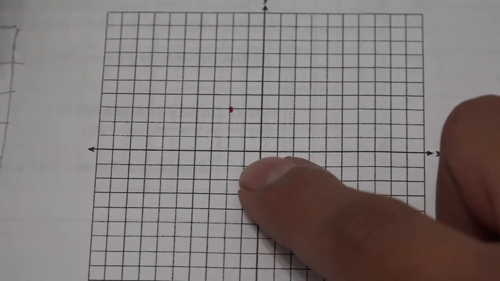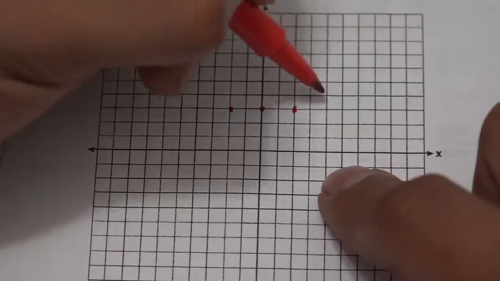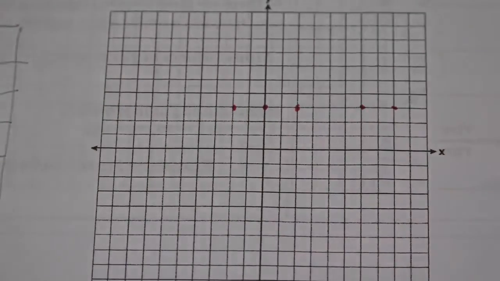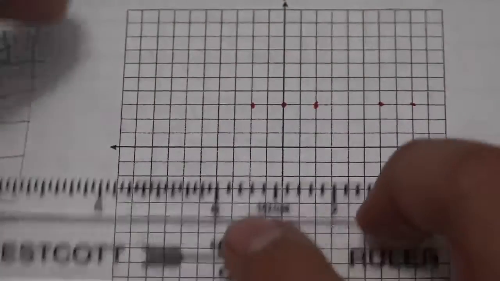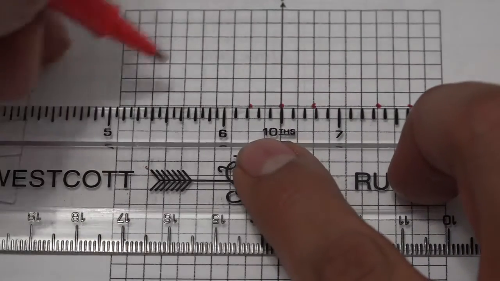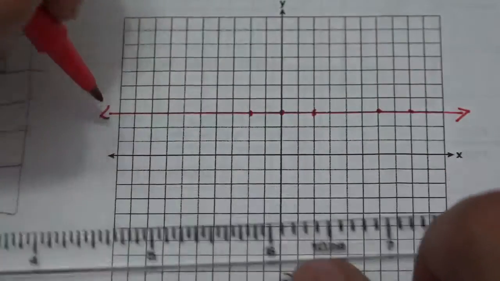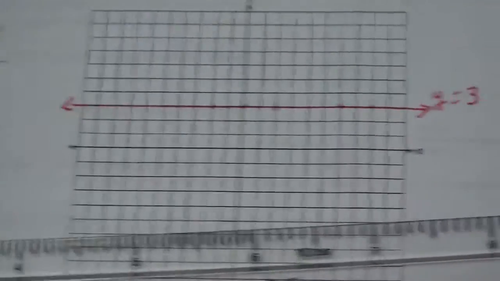Then 0, 3. 2, 3, 5, 3, and so on and so forth. And right away, you see, you have a horizontal line. When you graph, make sure that you always label the graph, y equals 3.